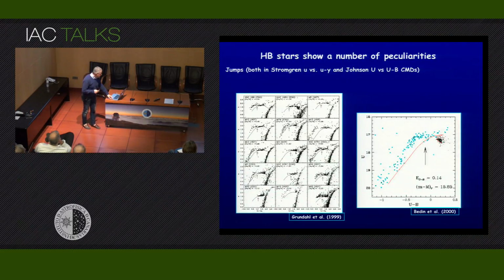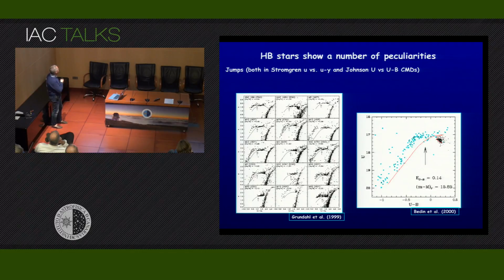Now, let me move to a different issue. We have known for some time, let me say 10 years, that there are a huge amount of peculiarities in the horizontal branch stars in the same cluster. The most interesting one was found a long time ago by Frank Grundahl during his PhD thesis. He found that if you collect data in the strömgren filters, that means narrow band filters, of horizontal branch stars in globular clusters, there is a jump.